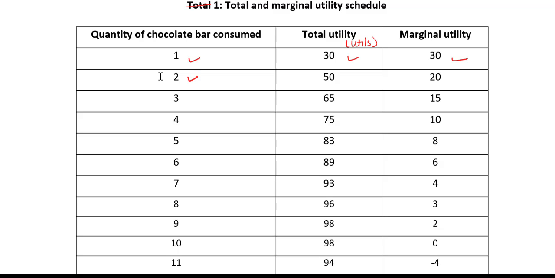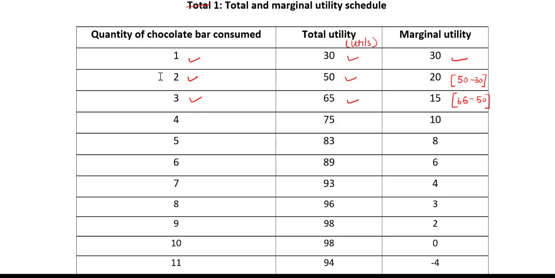When the consumer consumed the second unit of chocolate, he achieved a total utility of 50. That means 50 minus 30, the marginal utility would be 20. When he consumes one more additional unit of chocolate, the total utility is 65 and the consumer attained 15 marginal utility. So the change in marginal utility is less, that is 15. 65 minus 50 is 15.